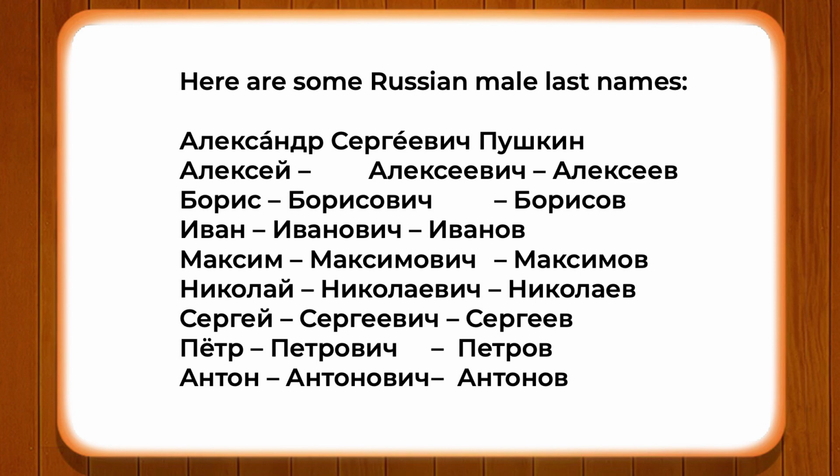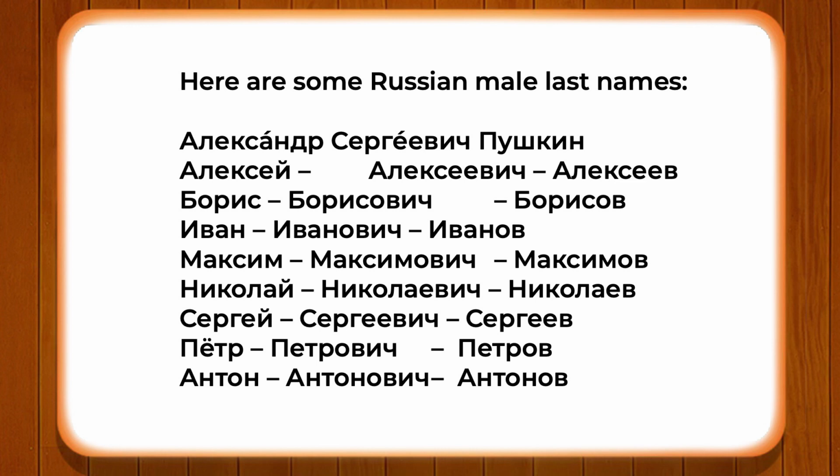From Nikolai, the Otchestvo is formed as Nikolaevich, where H is added. Then Nikolaev, Yev is added. Sergei, Sergeyevich and Sergeyev. Pyotr, Petrovich and Petrov. Pyotr is the name, Petrovich the Otchestvo, the patronymic name, and Petrov the familia.